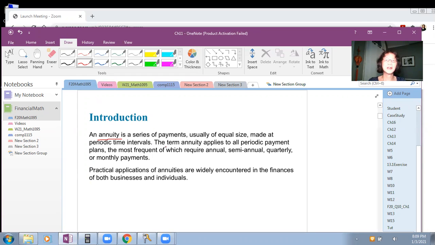The term annuity applies to all periodic payment plans, the most frequent of which require annual, semi-annual, quarterly, or monthly payments. There are wide applications for annuities in finance, business, and other areas.